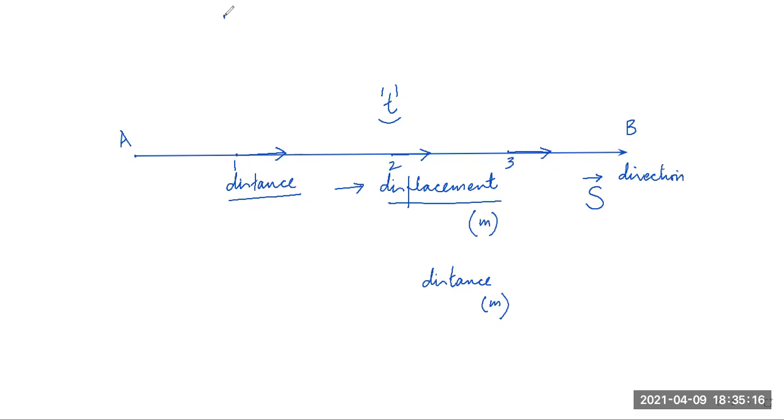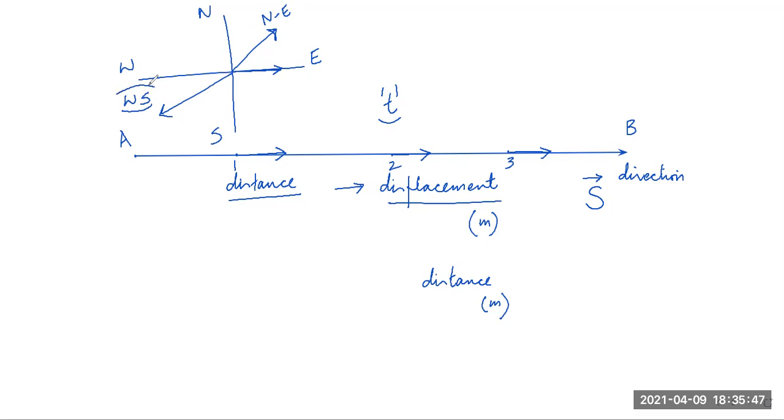So we have north, south, west, and east, four directions. If a person is traveling along these, we will say he is covering displacement. If he is traveling along this, we will say he is traveling along the northeast direction. If the person is traveling along this, we will say he is traveling along the west-south direction. This is the direction.